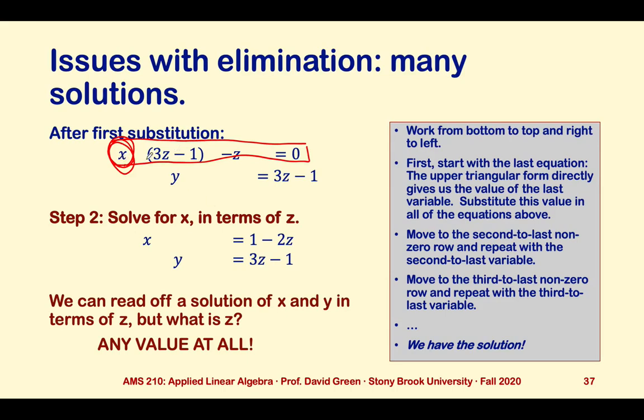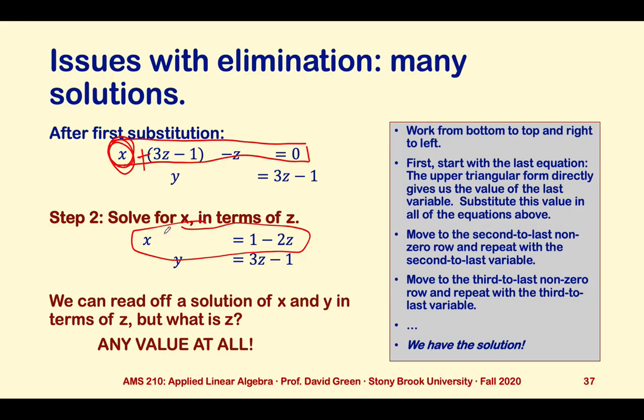And we see the only thing we have left in here are z's, which we've already said is a free variable. Solve for the pivot in terms of the free variables. Solve for x in terms of z. x plus 3z minus 1 minus z, sorry, there should be a plus sign in here, equals 0, means that x must be 1 minus 2z.